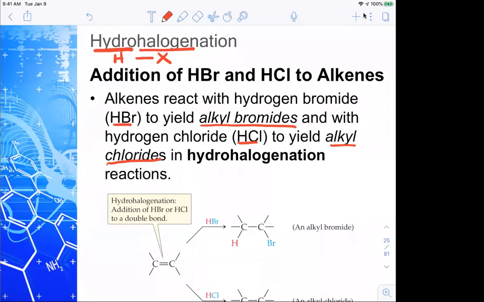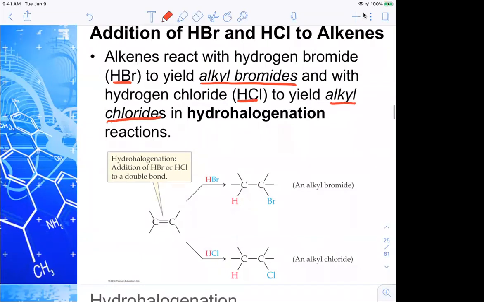And this is generally called hydrohalogenation. This is what it looks like. Here is HBr. I add across the carbons of the double bond. So notice that the hydrogen goes to one of the carbons of the double bond, and the bromine goes to the other. And I get an alkyl bromide.